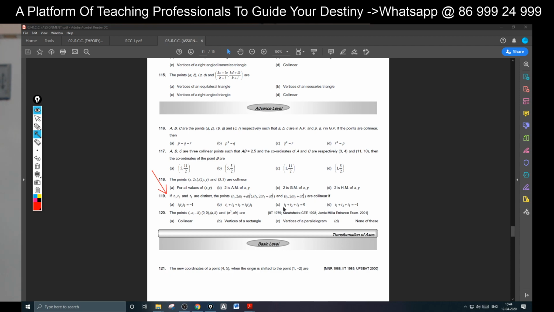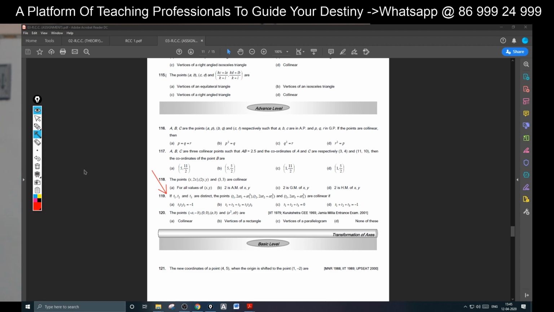Here also, you can make use of the area of the triangle. And if you know the slope concept also, the slope concept can comfortably be used. You might have learned the slope concept in your lower classes itself.